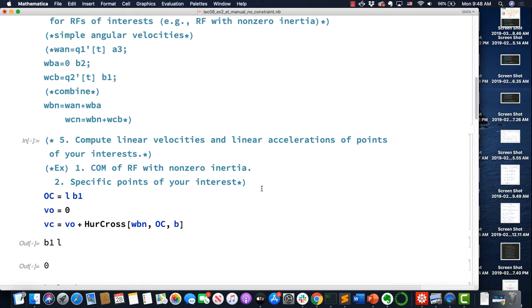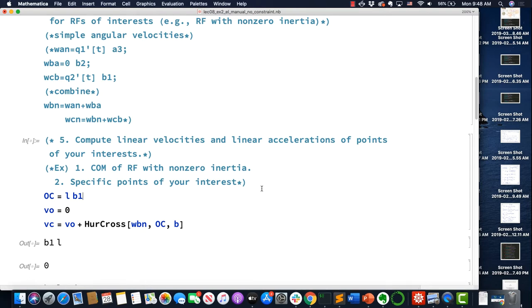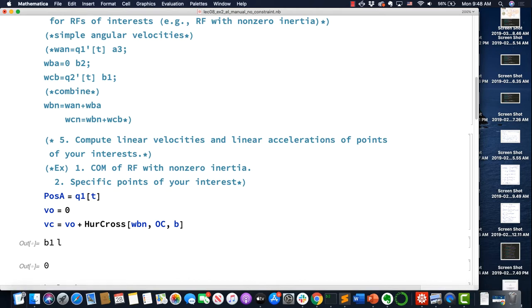Okay, now let's define our center of mass position. The first one is position of reference frame A, the center of mass, which is what, Q1 in A1 direction. Yeah, in A1 direction. Okay. And then the second one is the position vector B, COM.